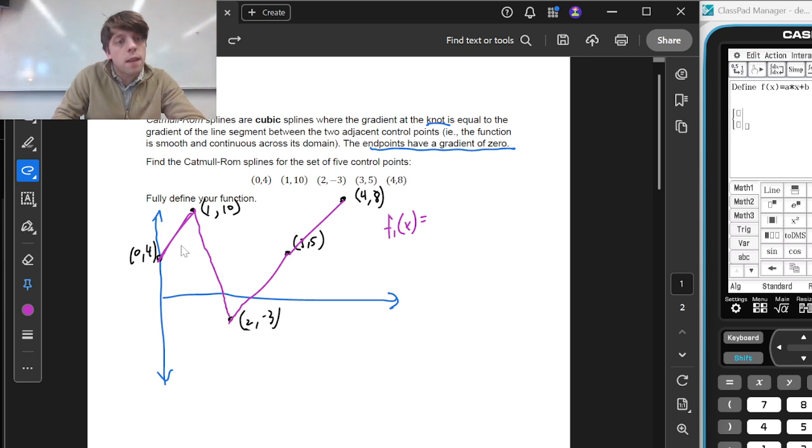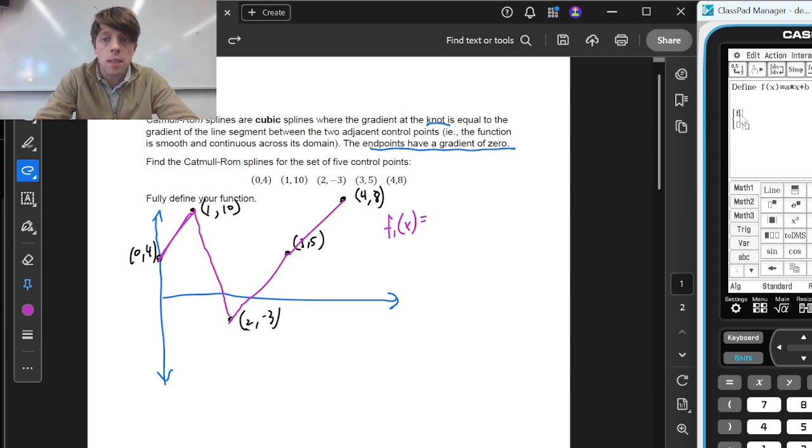The way that we're going to find this one is by substituting in when x is equal to 0, y is equal to 4, and when x is equal to 1, y is equal to 10. The way that we could type that in on the CAS calculator screen just over here is I can say f with an input of 0 is equal to 4, and f with an input of 1 is equal to 10. And I want to find what a and b are equal to.